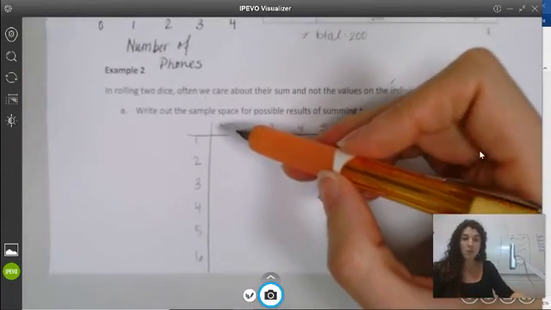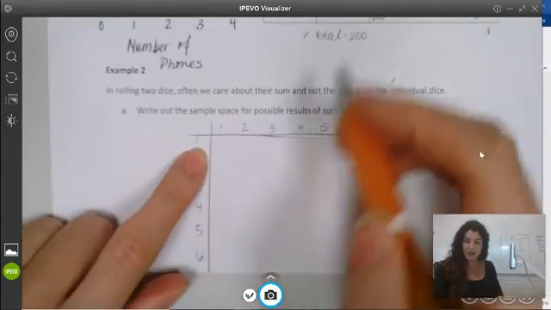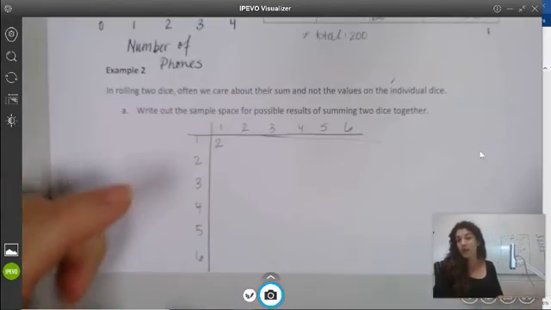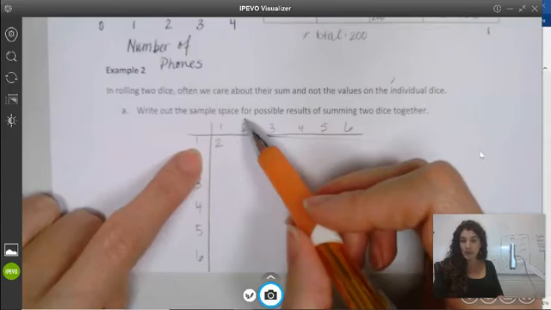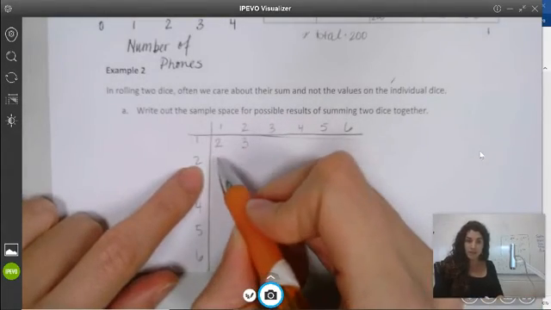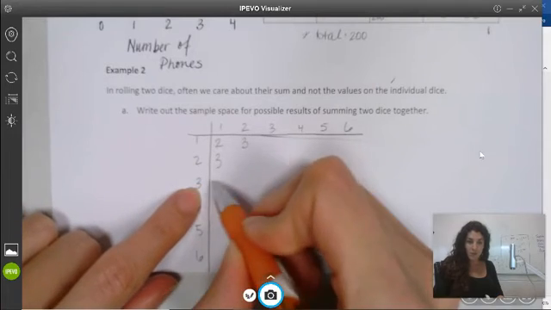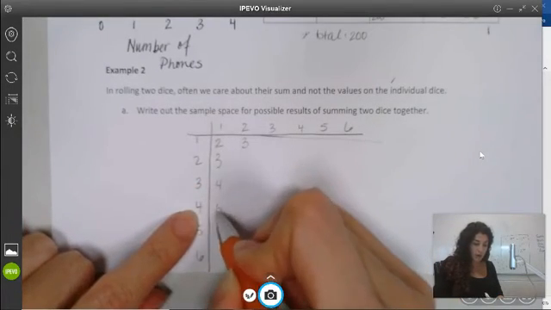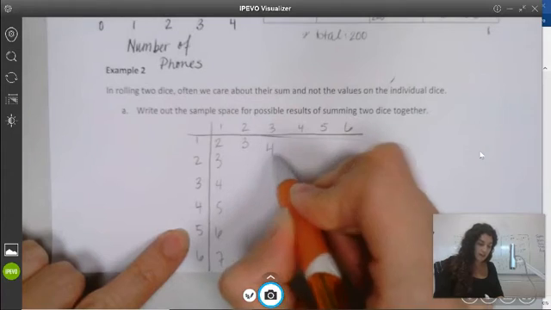Okay, so if we show a 1 on the first die and a 1 on the second die, adding them together, we get 2, right? If we show a 2 on the second die and a 1 on the first die, we add them up and we get 3. Same as going down here, we get 3. 1 and 3 would be 4. 1 and 4 would be 5, 6, 7.